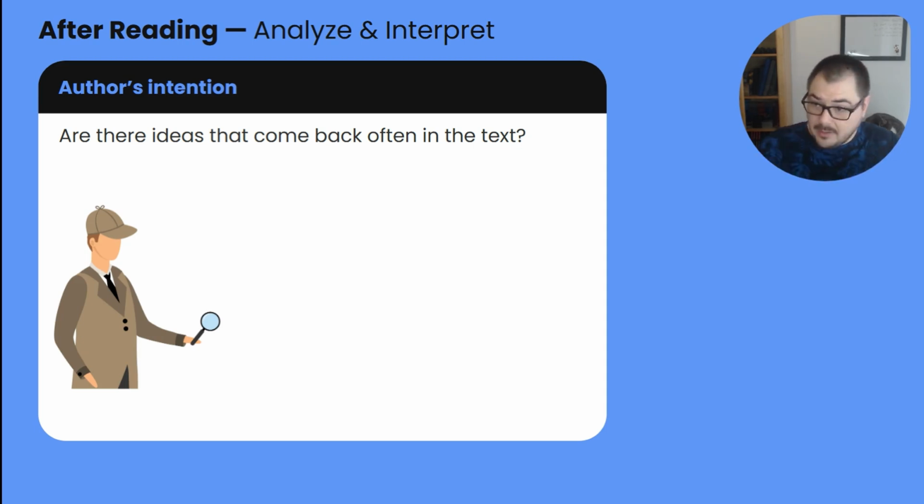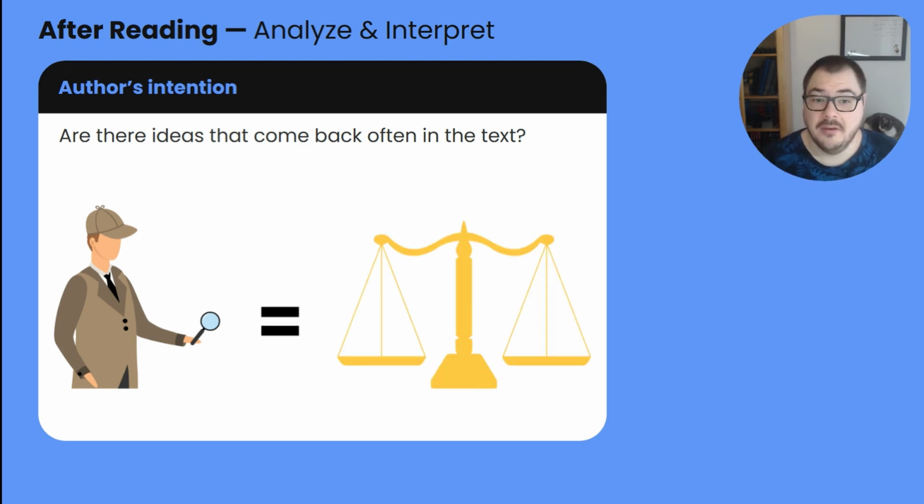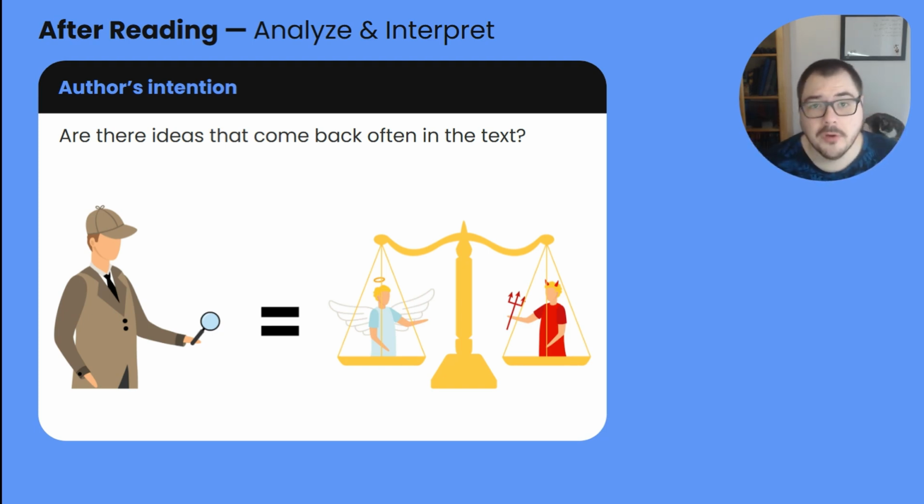For example, like we just see here, in a text about detectives trying to find criminals, we may have a lot of ideas about justice and making the right choice between right and wrong. Maybe these ideas come back to us again and again throughout the text, and we have to think about them while we're reading. That would be one of the themes in the text. Right versus wrong, good versus evil, making the right choice.